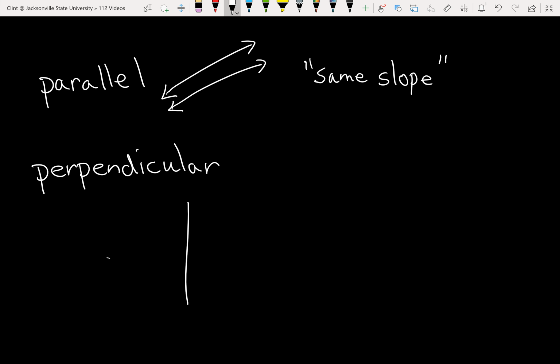Perpendicular lines are lines that meet at 90 degrees. Perpendicular lines have what we call opposite reciprocal slopes. That's a fancy way of saying you flip the slope and change the sign.